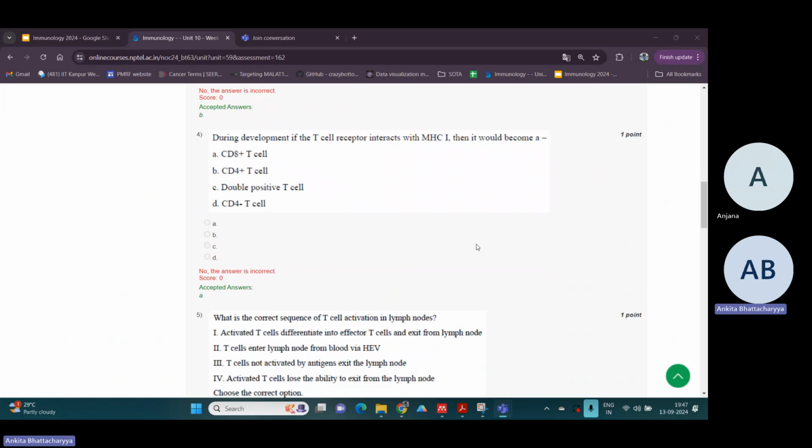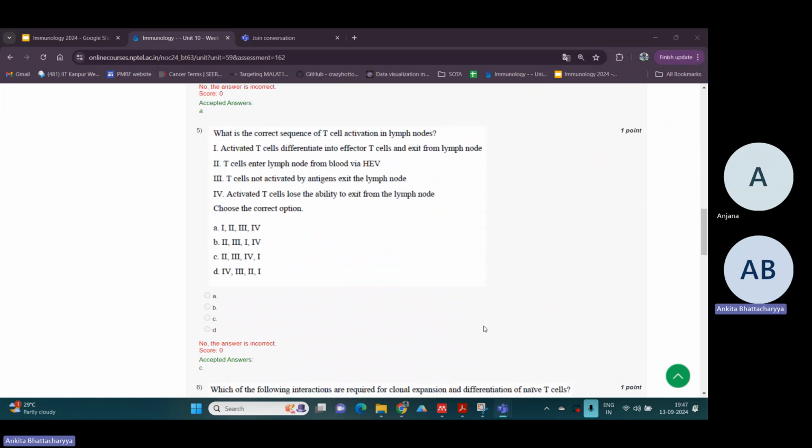Basically, if a TCR interacts with MHC1, it would become a CD8 positive T cell, and if it does so with MHC2, then it would become a CD4 positive T cell. So that is again a direct answer, option A.